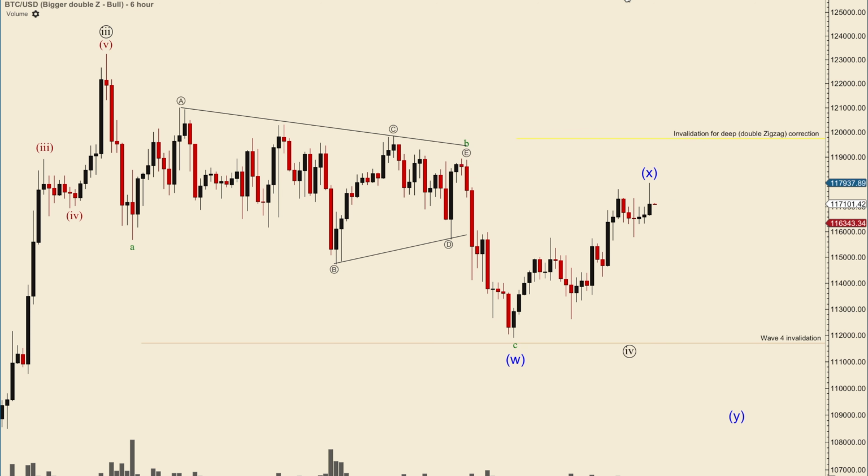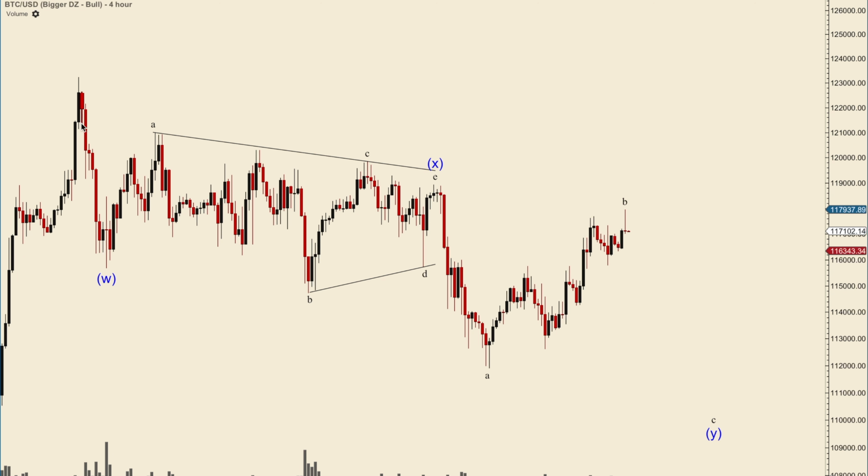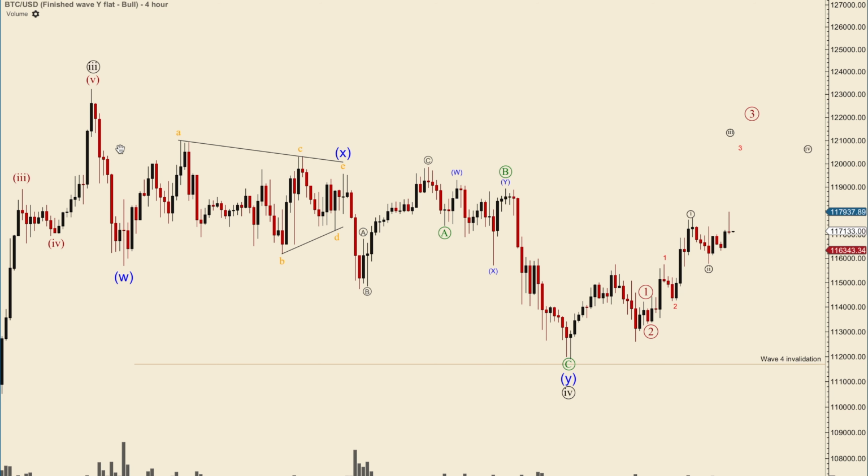That is one scenario. We also have this W, X, and then A, B, C. So W here, X, and then Y needs to be either a flat or a triangle in a sideways correction. It can't be a zigzag. So here we are looking basically for an impulse down in wave C. And then we have this scenario where we are looking at a finished WXY.